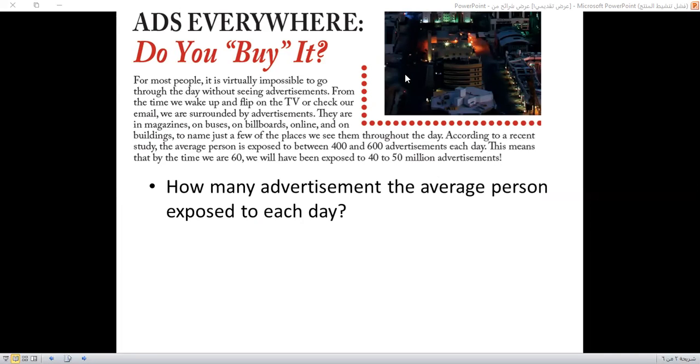Okay, so let's stop here on the first paragraph. My question is, how many advertisements is the average person exposed to each day? We know now the meaning of exposed to. According to the study in this paragraph, how many advertisements are you going to see as an average person each day?